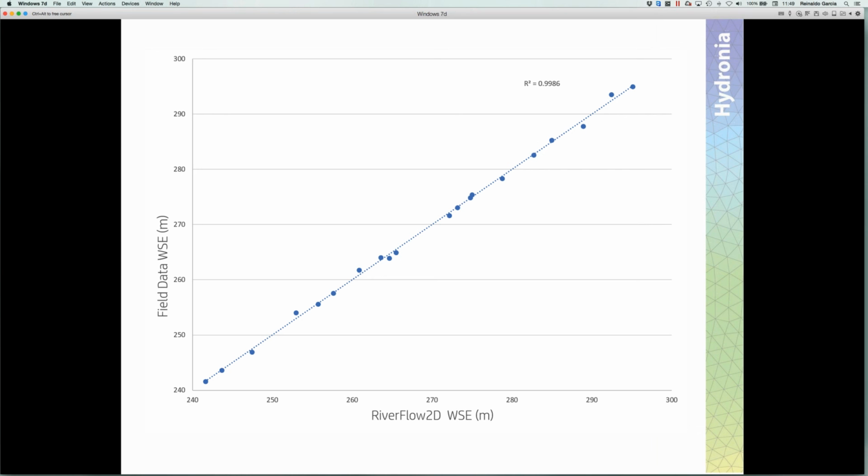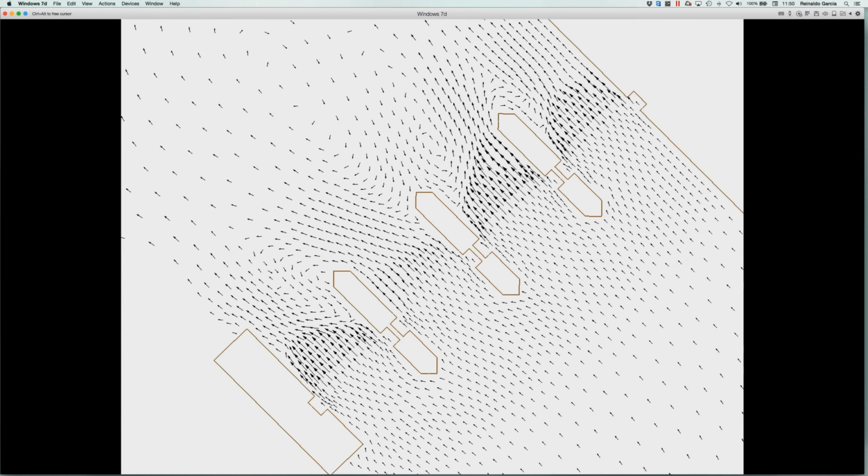Running a simulation of a 50-day hydrograph and comparing the RiverFlow2D results with the field data, we achieve a very good approximation at most locations, except a few locations that may have some offset here. But that's something that provides trust to a numerical model.